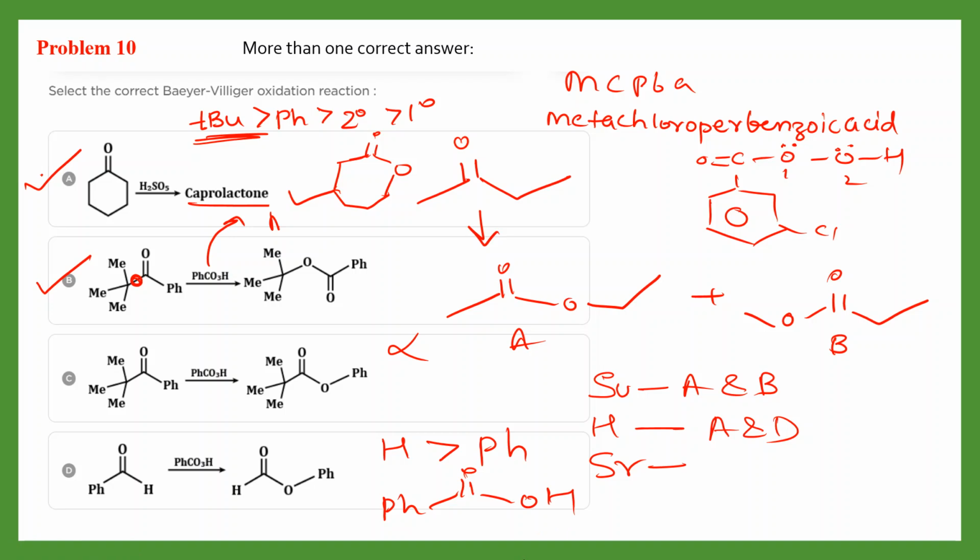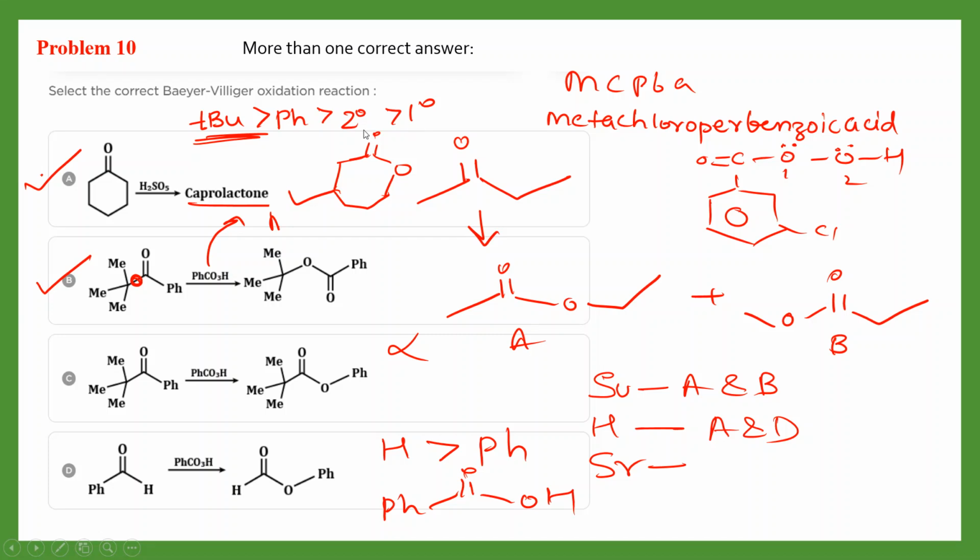Okay, let me answer your query. If you have attended Sir's lecture, he has told there is no proper answer to this. This order has come from experimental results. First experiments were performed with t-butyl, phenyl, secondary, and they found that t-butyl has more migratory aptitude. You are correct, we see first resonance, then inductive. But only in Baeyer-Villiger oxidation, we follow this order.